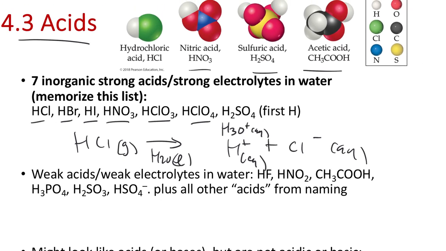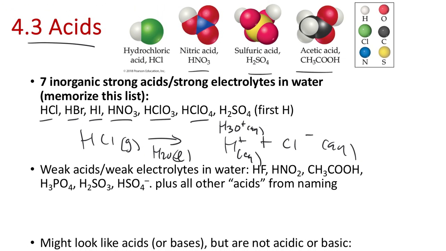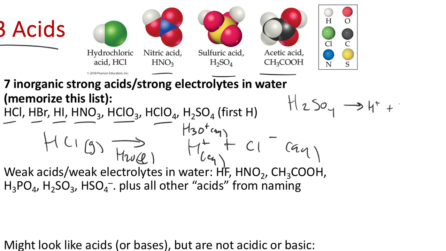Let's think also about H2SO4. We'll see the word on the next slide, but diprotic means it has two H pluses that can fall off of the sulfate ion. And only the first step is strong, meaning only the first hydrogen comes off completely in water to H plus and HSO4 minus. And then that second hydrogen is going to stay attached most of the time.